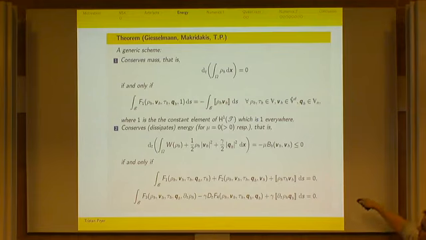This here is just some signed discretization of the Laplacian in this case. All this says is that in this mixed form, I can come up with conditions on my fluxes, on my discretization, that allow me to get rid of this non-monotonic energy. So this is now monotonic, guaranteed.